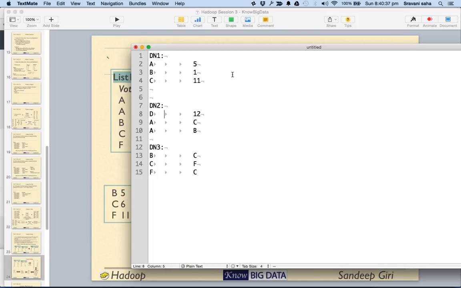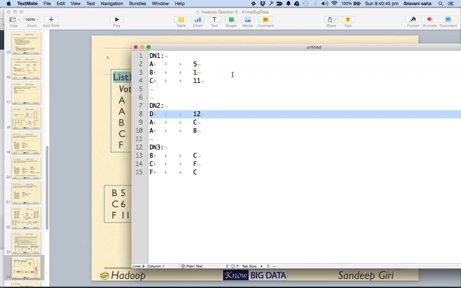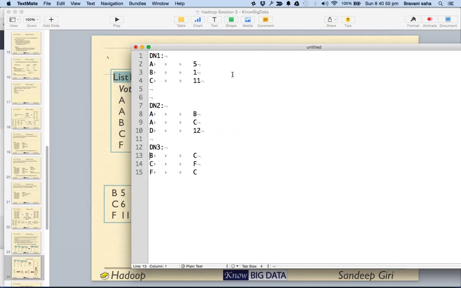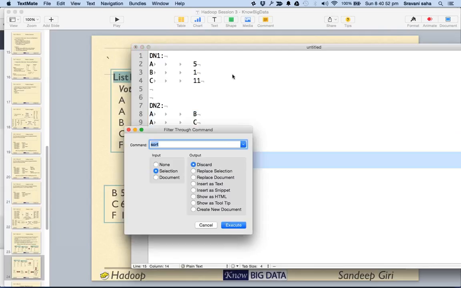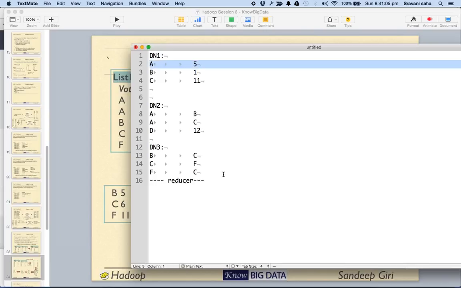Now on each data node the sorting will happen, so it will sort on each data node. This will also get sorted, and this will also get sorted. Now on the reducer node, these three files will go, and the reducer will start comparing the first record of all of them.